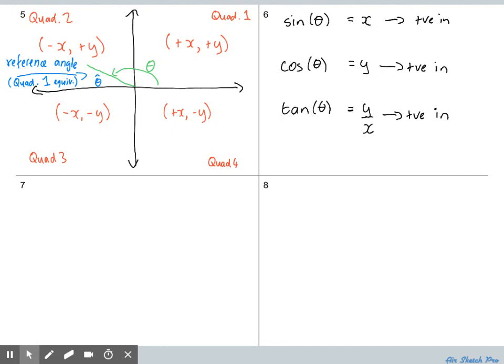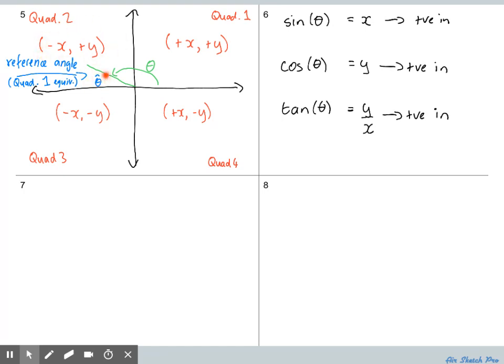So I could say that for the sine of 180 minus 16, so what's that, 164. So if this was 164 degrees, I'm saying that the sine of 164 degrees is the same as the sine of 16 degrees, but then we need to check whether it's going to be positive or negative.